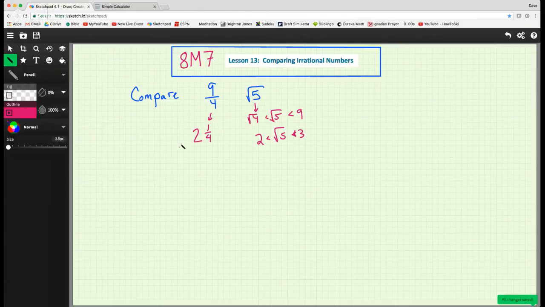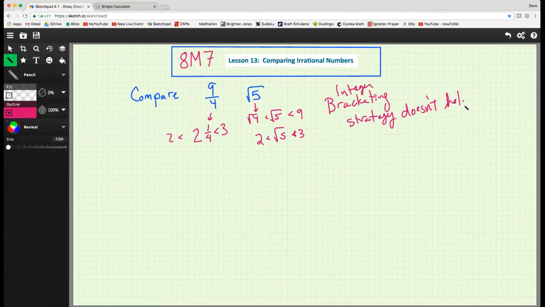Well, 2 1/4 is between 2 and 3. So I don't know. My integer bracketing strategy doesn't work, doesn't help here.